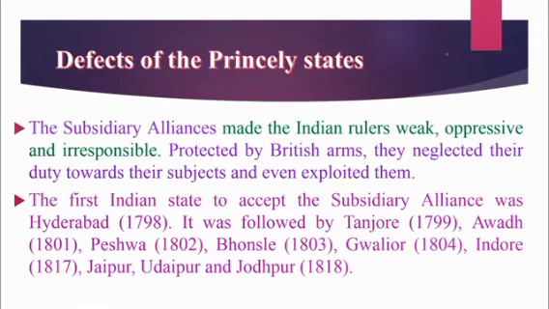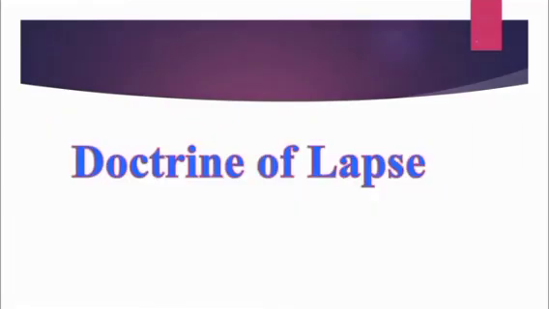It was followed by Tanjore in 1799, Oudh in 1801, Peshwa in 1802, Bhonsle in 1803, Gwalior in 1804, Indore in 1817, Jaipur, Udaipur and Jodhpur in 1818. Next, we are going to learn about the doctrine of lapse and who introduced this system.